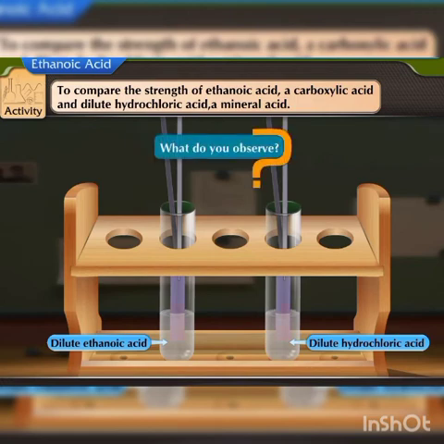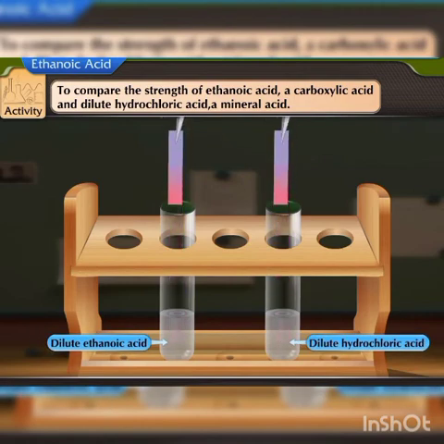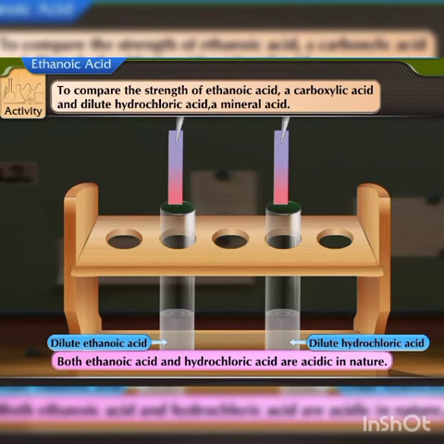What do you observe? Both dilute ethanoic acid and dilute hydrochloric acid turn blue litmus paper red. This shows that both are acidic in nature, but the litmus test does not prove that ethanoic acid is a weak acid.